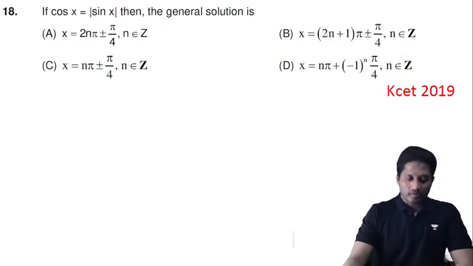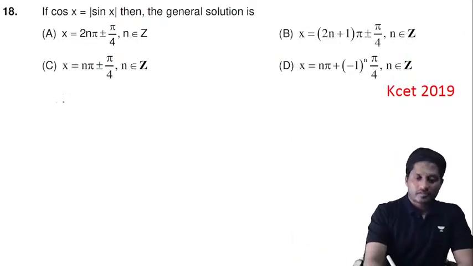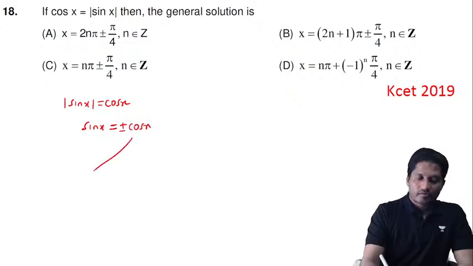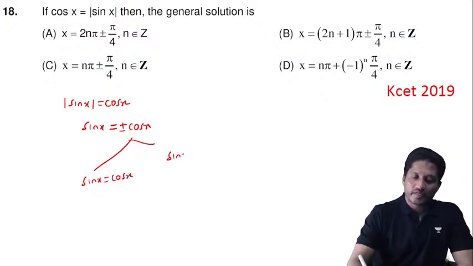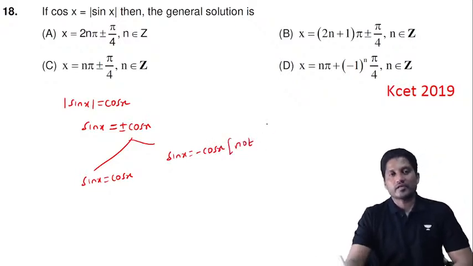Cos x is equal to modulus of sin x. What is the general solution? See, I can write modulus of sin x is equal to cos x, right? So this means that sin x is equal to plus minus cos x. Okay, two cases. Sin x is equal to cos x and sin x is equal to minus cos x. This is not possible because modulus of sin x is always positive, because cos is equal to mod of sin x.